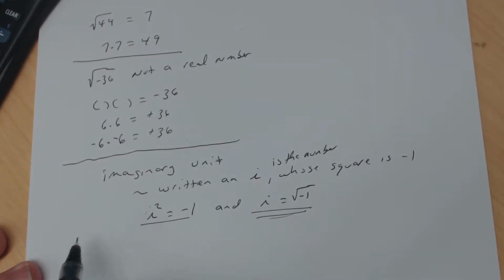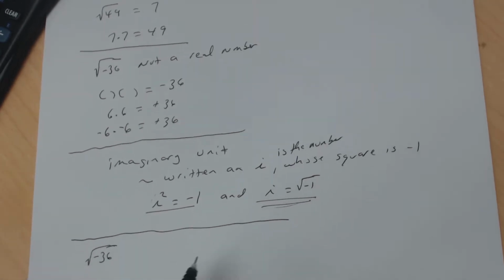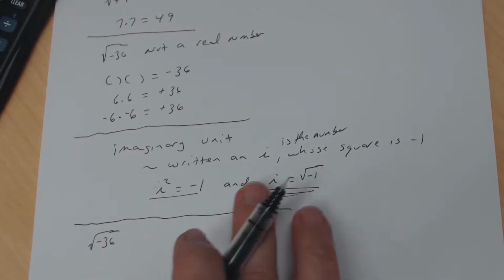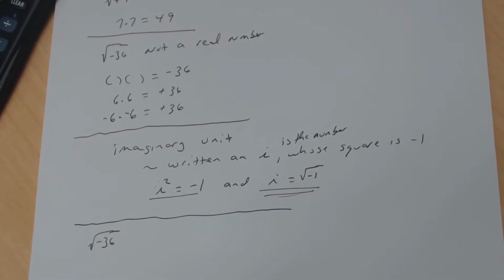So for example, let's go back to the square root of negative 36. I know that negative 36 is not a real number, but I can write its square root as an imaginary number.